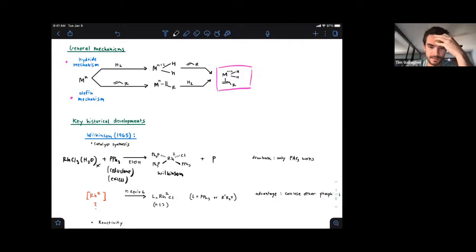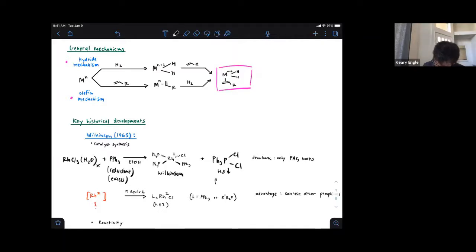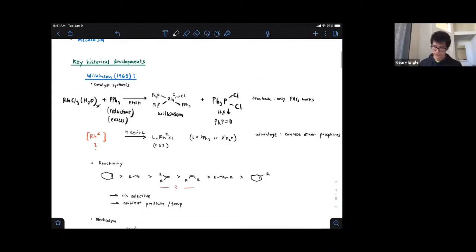I think more precisely, the dichlorophosphine, phosphorus-5, which then upon treatment with water makes the phosphine oxide. Beautiful, Tim. And so this was the first synthesis of Wilkinson's catalyst. Congratulations, patent it now.